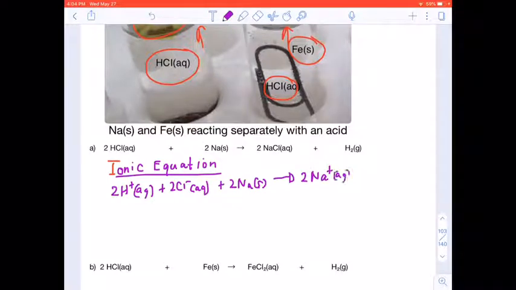We break that up since it's an electrolyte, plus 2Cl minus aqueous plus H2, which is a molecular substance.